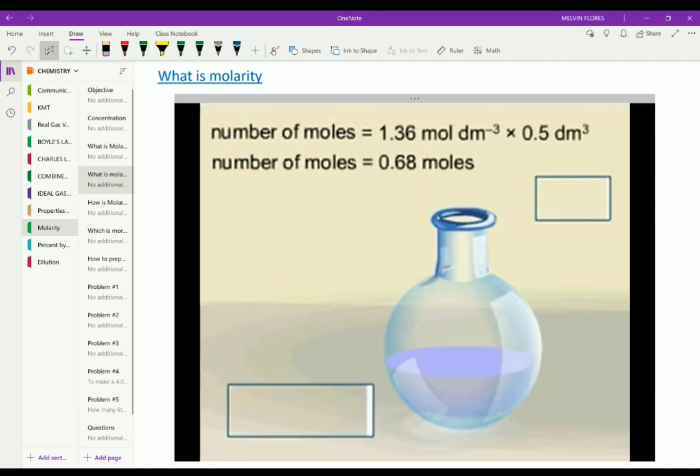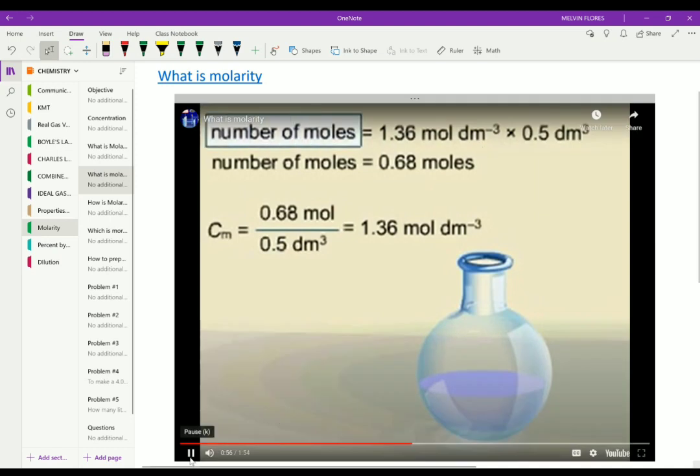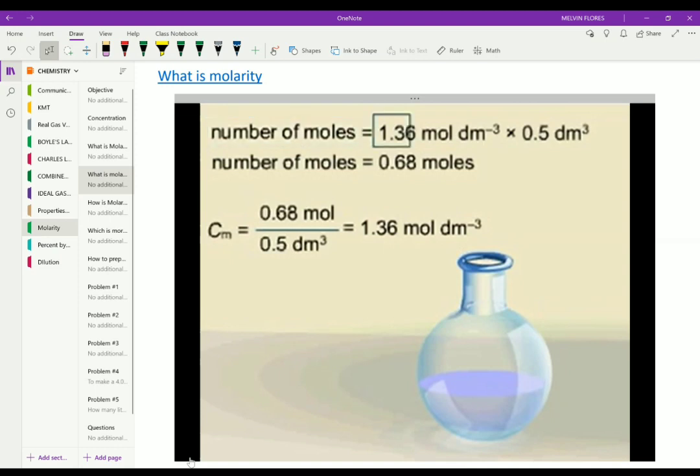So its concentration is also 1.36 moles per cubic decimeter. Note that the number of moles of solute depends on the size of the sample of solution and is equal to the product of molarity and the volume of the sample of solution. In contrast, molarity does not depend on the size of the sample of solution.